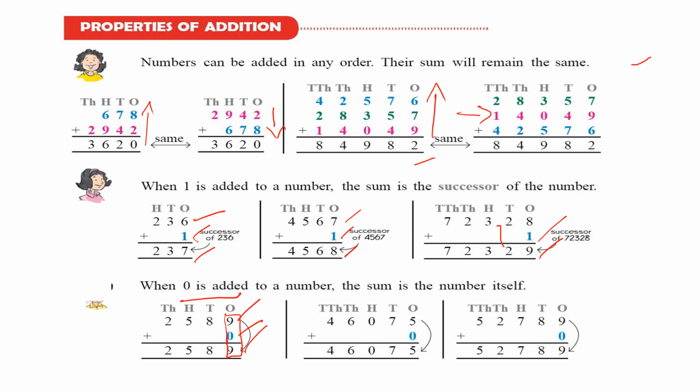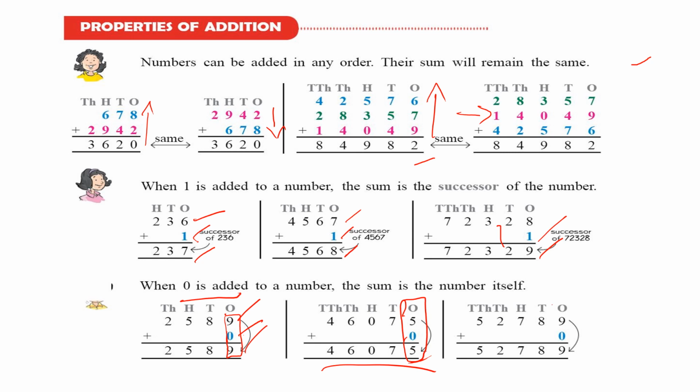In the next example, we have 46,075. With that, we are going to add 0. That means in the ones place, when we add 0, that is 5 plus 0, we get 5. So, there is no change in the answer. The same number we get, 46,075. In the third example, we have 52,789.